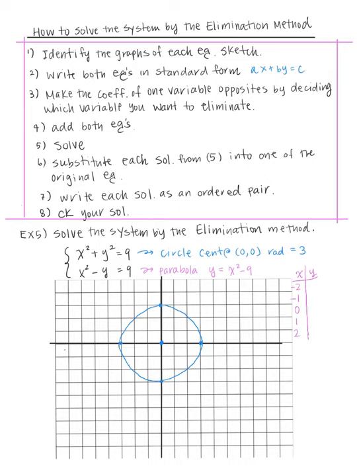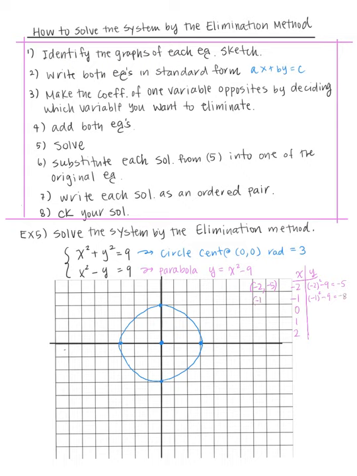So when x is -2, our y is -2 squared minus 9, which is 4 minus 9, which is -5. So I need to plot -2 comma -5. And when x is -1, you're going to have -1 squared minus 9. So that will be 1 minus 9, which will be -8.